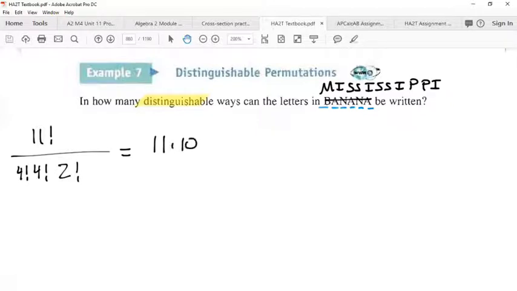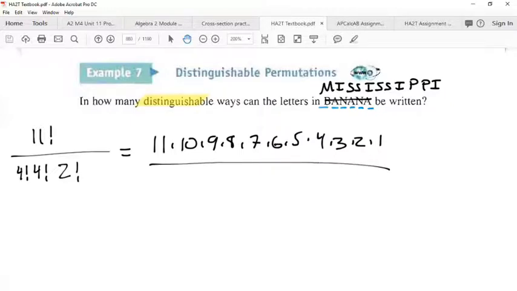11 times 10 times 9 times 8 times 7 times 6 times 5, 4, 3, 2, 1. Why? Because now I can cancel a bunch of stuff out. 4, 3, 2, 1. 4, 3, 2, 1. And then 2. I don't want to write the 1.